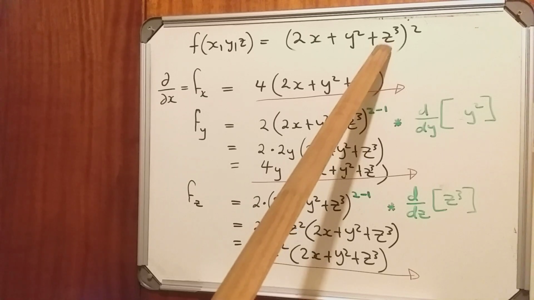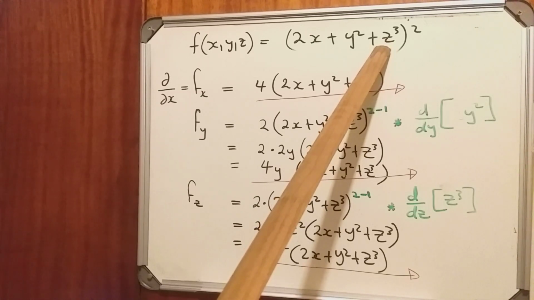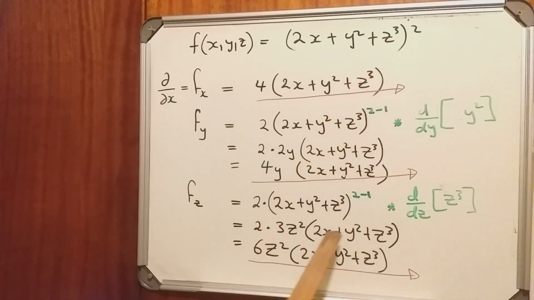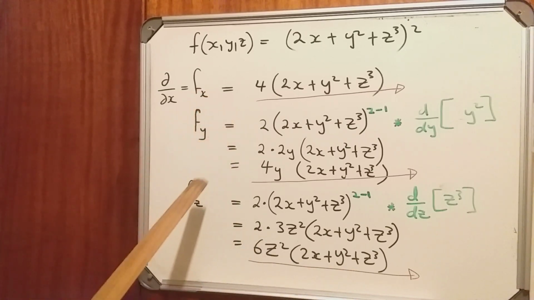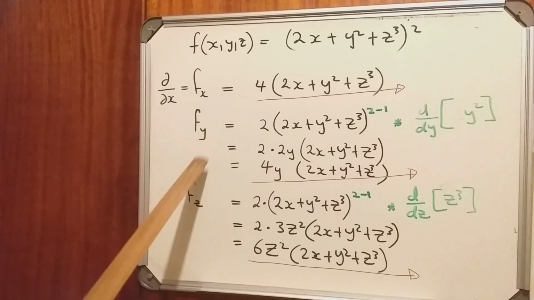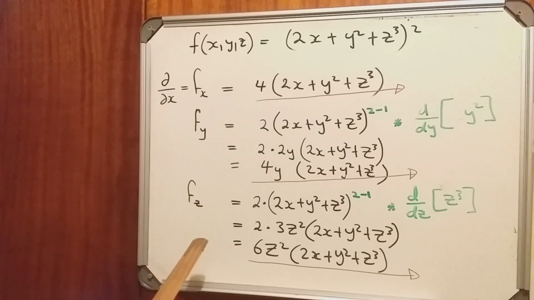So we differentiate this function with respect to z. What are you going to get? 3z squared. If you multiply 2 times 3z squared, you get 6z squared multiplied by the function. So now we've got our partial derivatives with respect to x, y, and z.